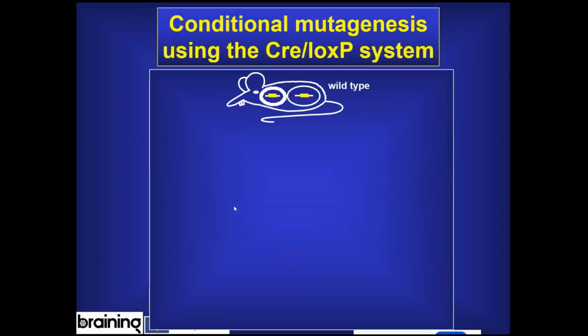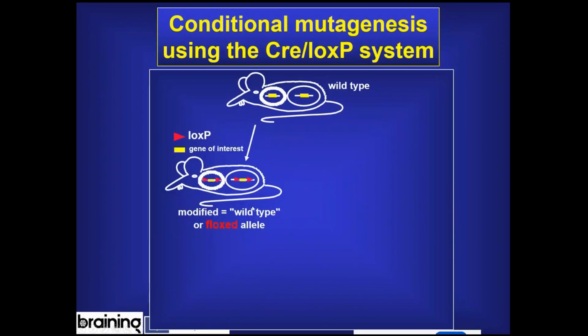How can we translate this in mice? We start with a wild-type mouse. We are interested in this gene in this cell population. So we make a knock-in where we substitute this gene with another form of it that is flanked between two LoxP sites. And since LoxP sites are very small, this will not interfere with the normal expression of the gene.